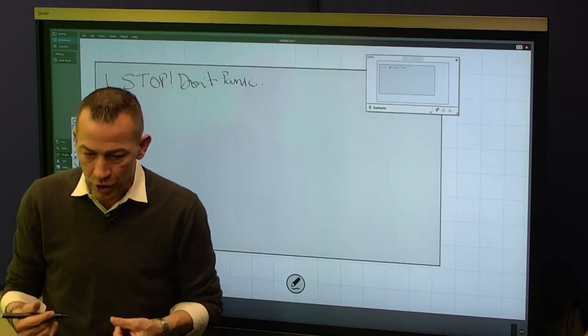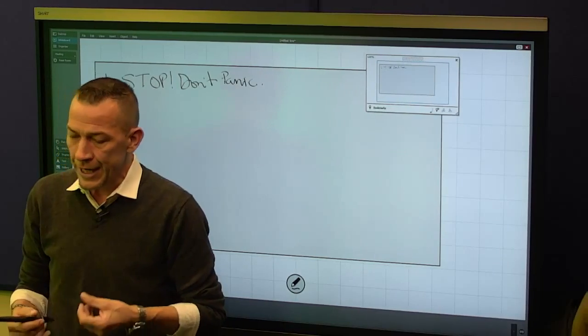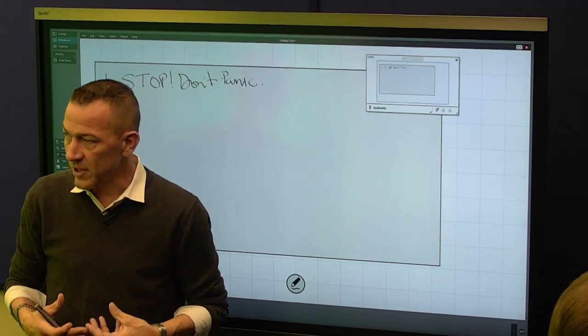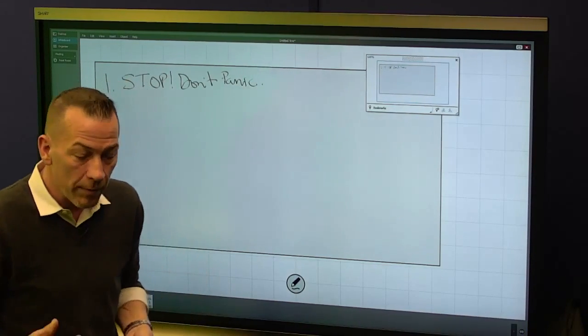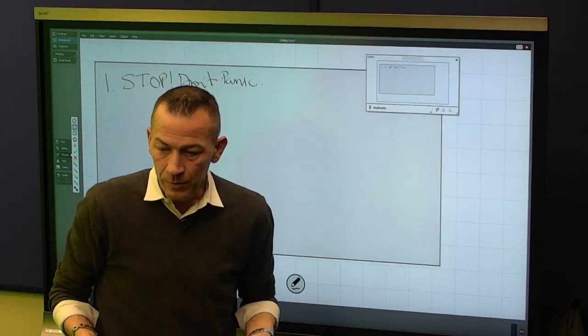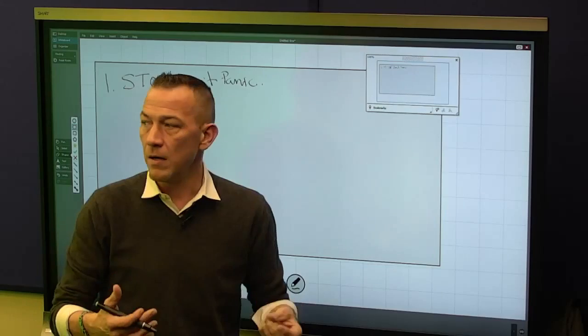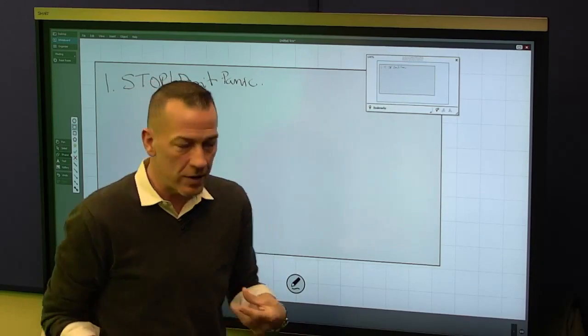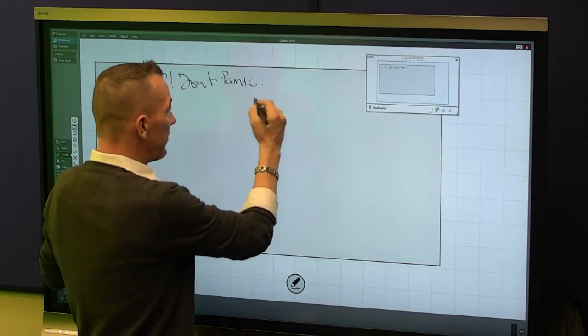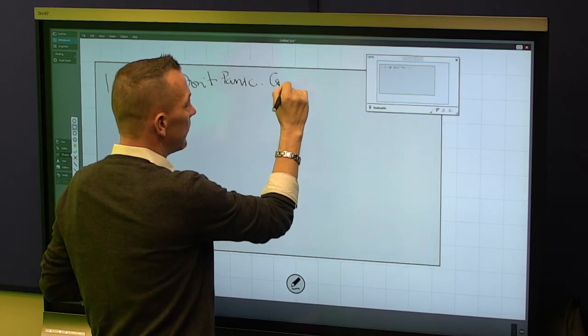Knee-jerk reaction, yes, I understand. You need these systems to be online, you need them to be performing, but ultimately what you're doing in that process is potentially killing all the forensic data. So stop, don't panic, get the team together.